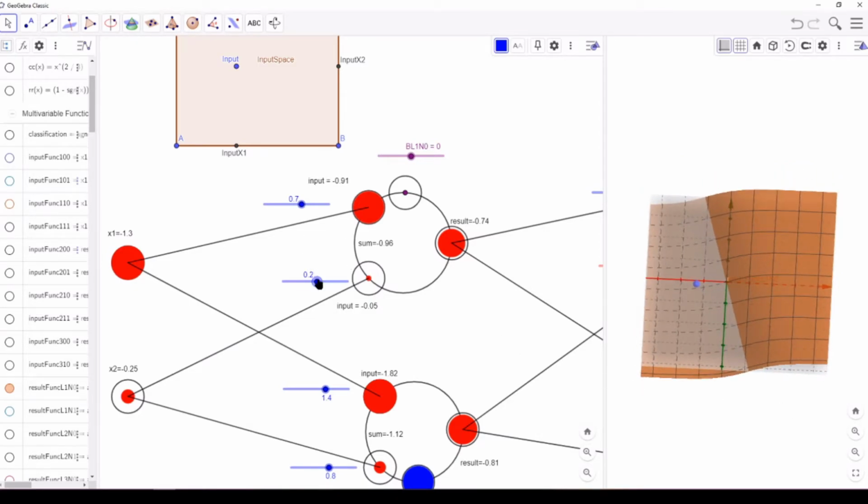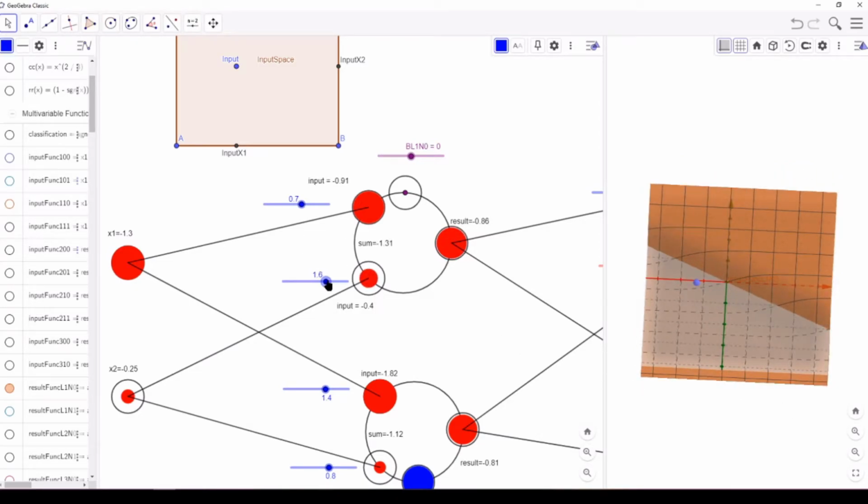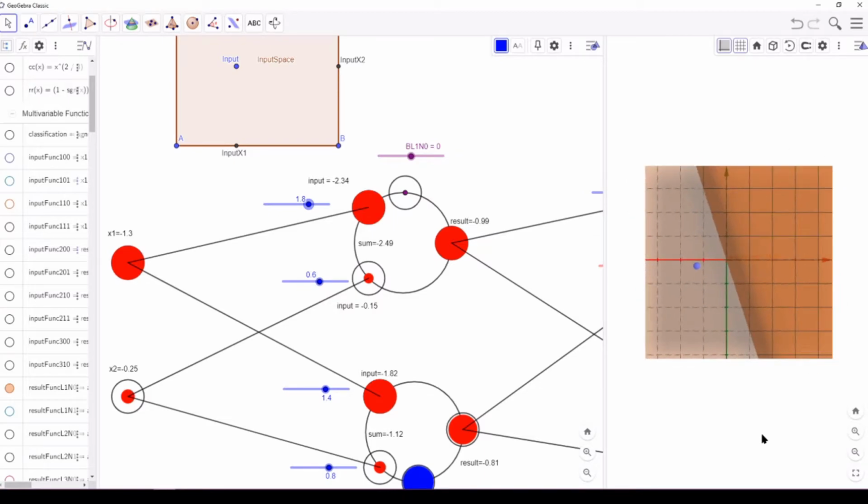So for example, if one weight is 3 times the other weight, then we can see that this zero crossing line has a slope of 3. 1 to the right and 3 down, and we get here zero crossing again.